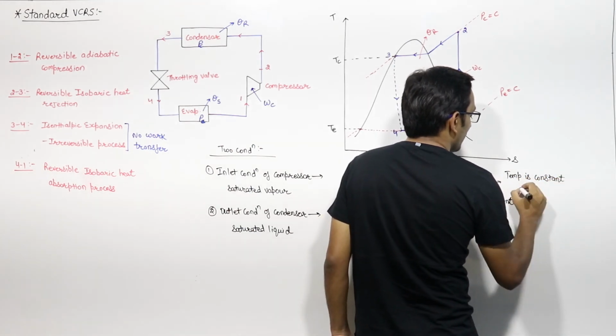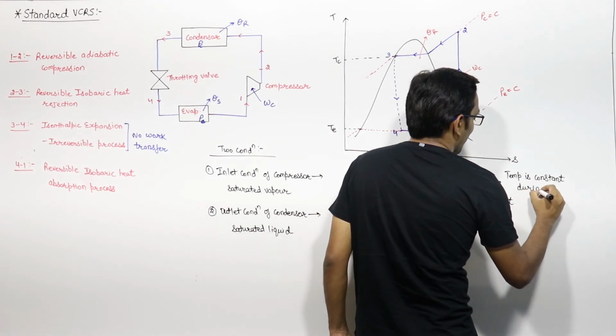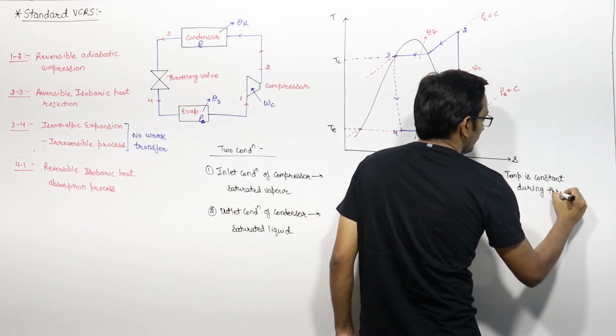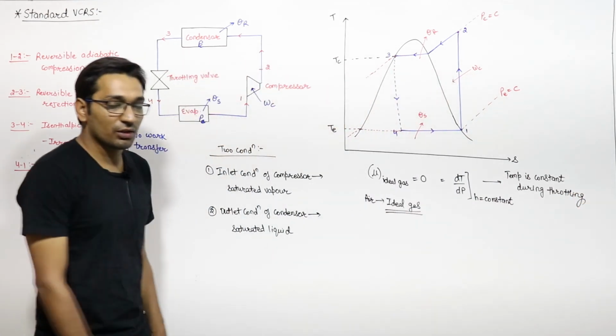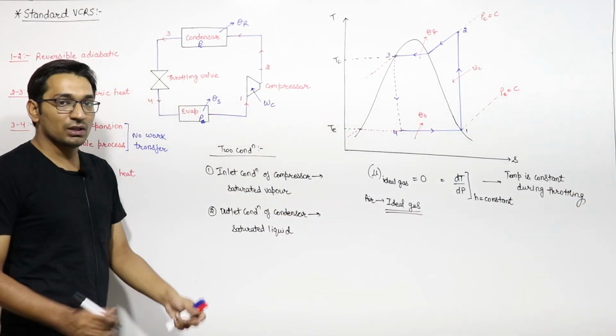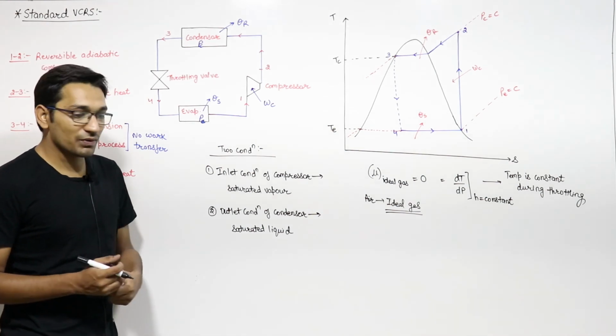Temperature is constant during throttling. Right, this is the meaning. dT is 0, so temperature will remain constant.